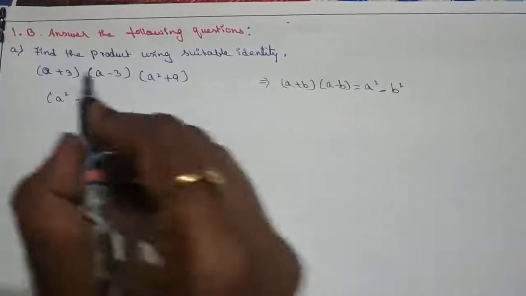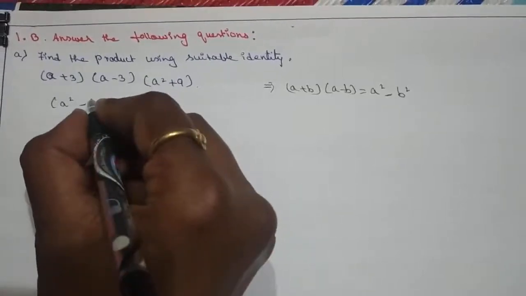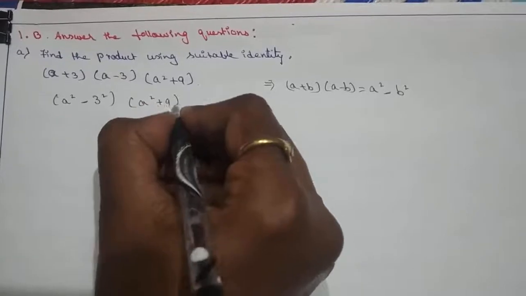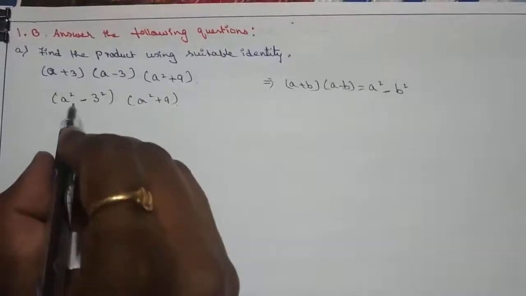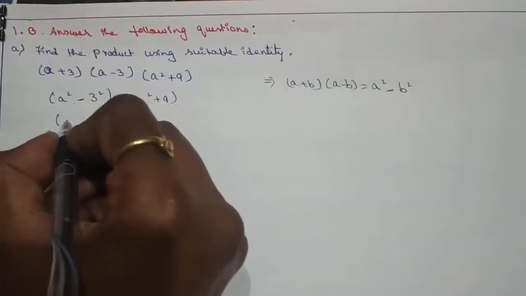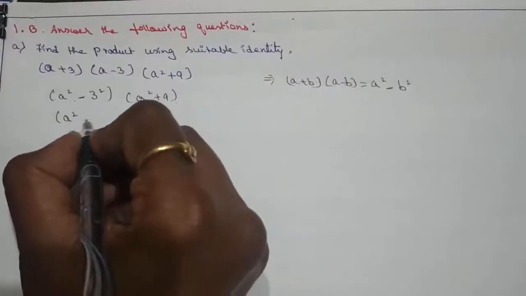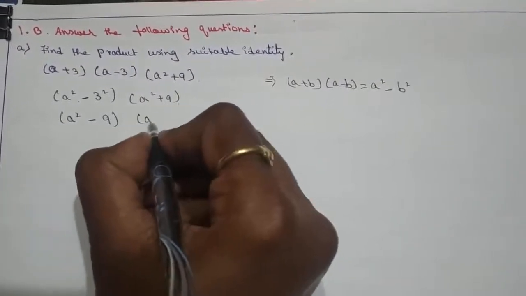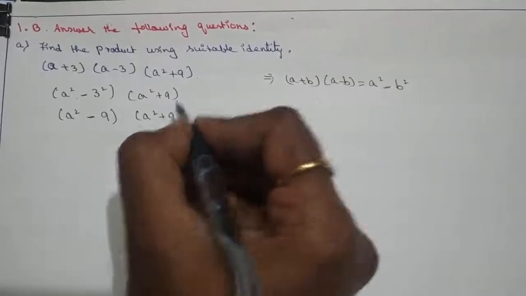B square means we have here 3 square, into (a square plus 9). This third factor you keep as it is. Now simplify this. A square can be written as a square only, minus 3 square is nothing but 9, into (a square plus 9). Clear?